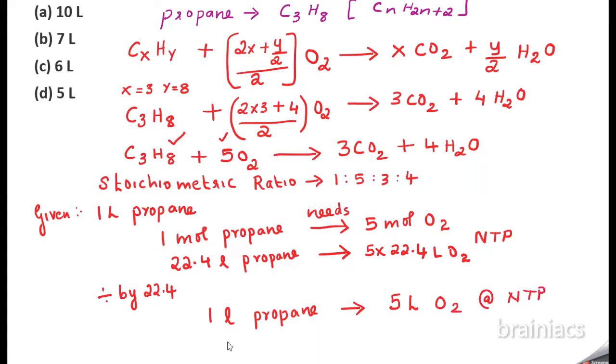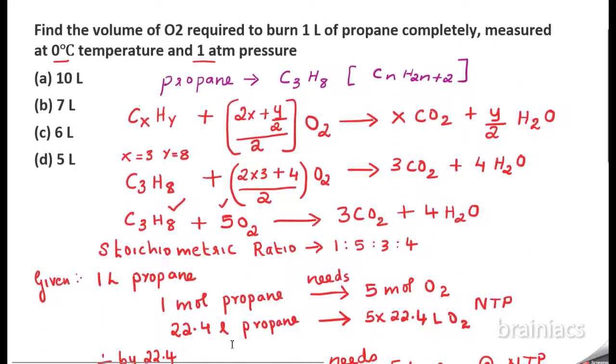So 1 liter of propane needs 5 liter of oxygen. We have calculated that as 5 liter. 5 liter of oxygen is required.